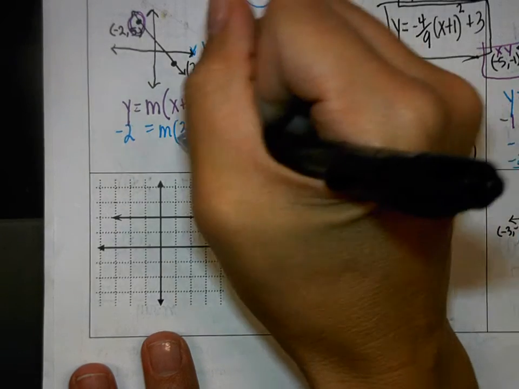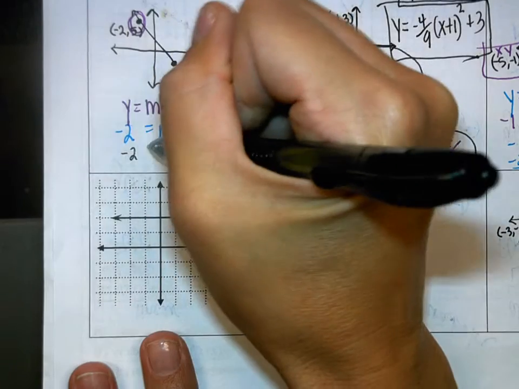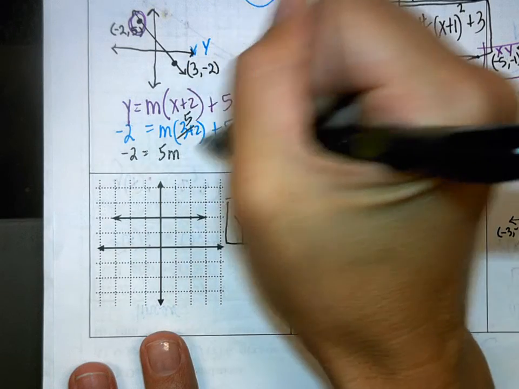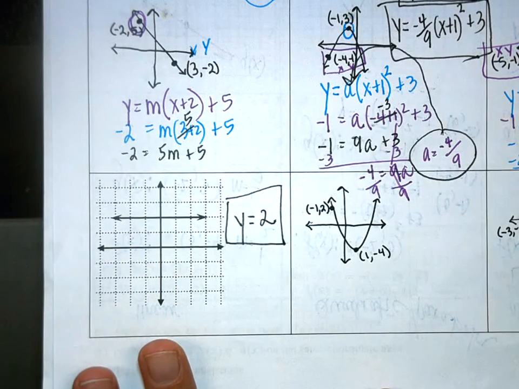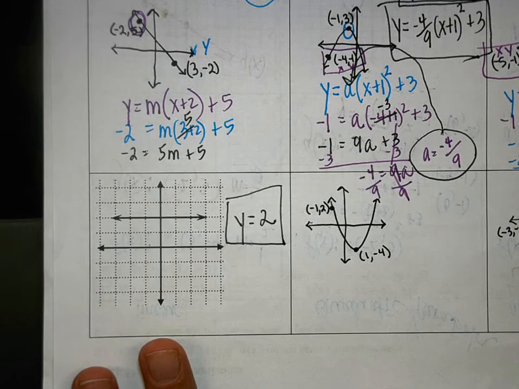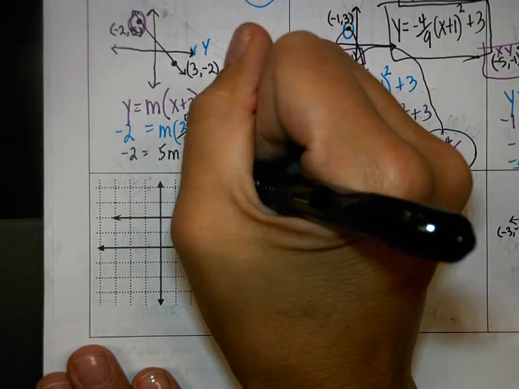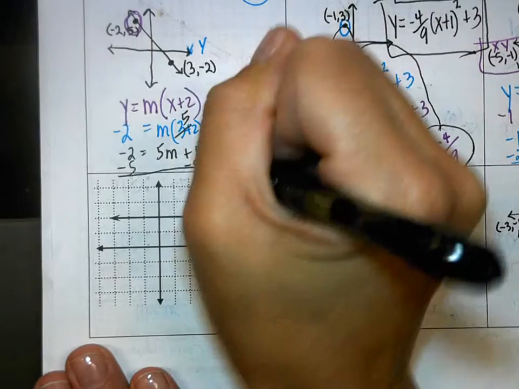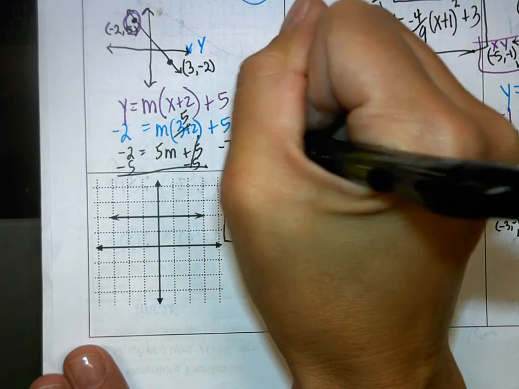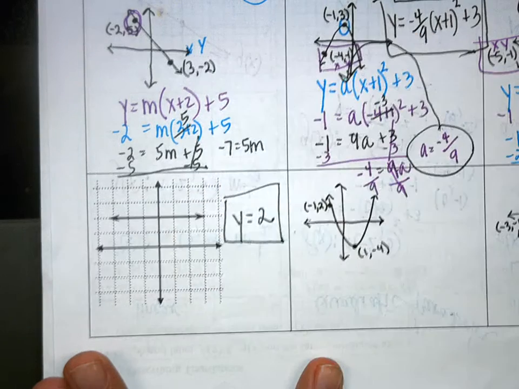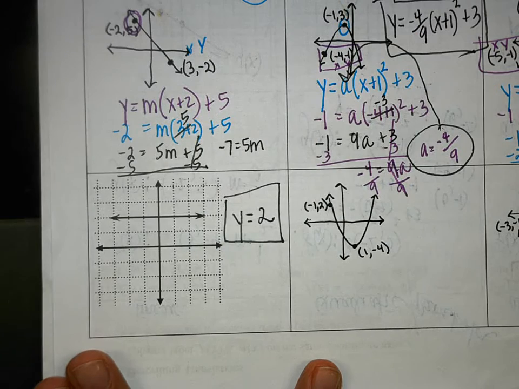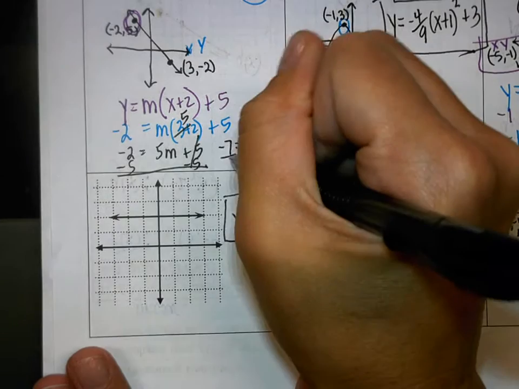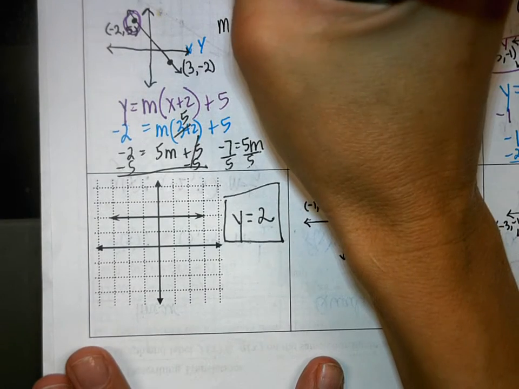So -2 equals 5m plus 5. Next, I will do what? Very good. Subtract 5 from both sides. So I get -7 equals 5m, and then I will, good, divide by 5. And so m equals -7 over 5.